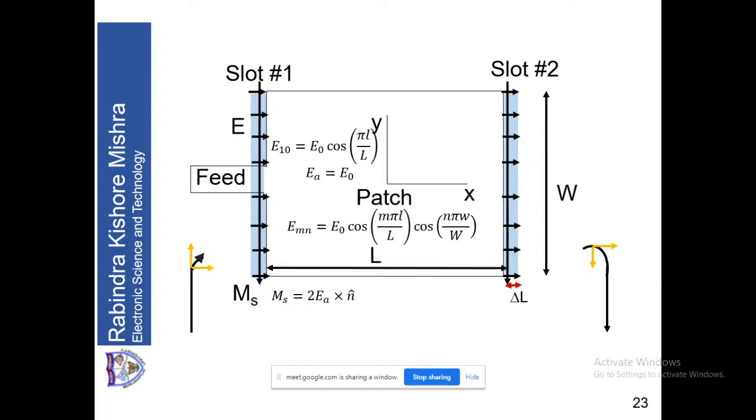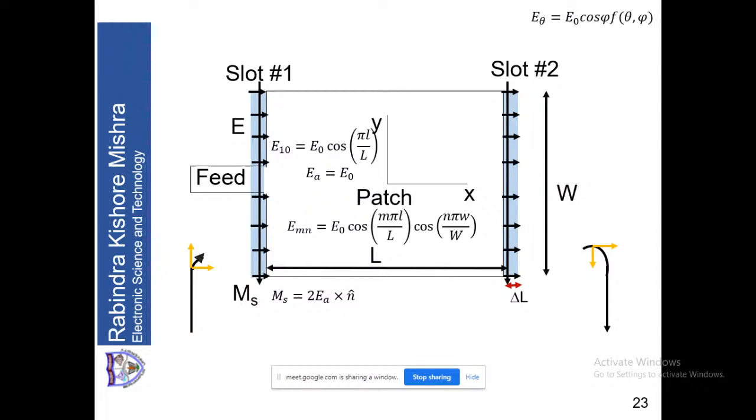Once I know what MS is, then I can find out the field distribution, because I know the current. Here we know the magnetic current. Once we know the magnetic current, we can use the vector potential principle, as you know, to find out the electric field.